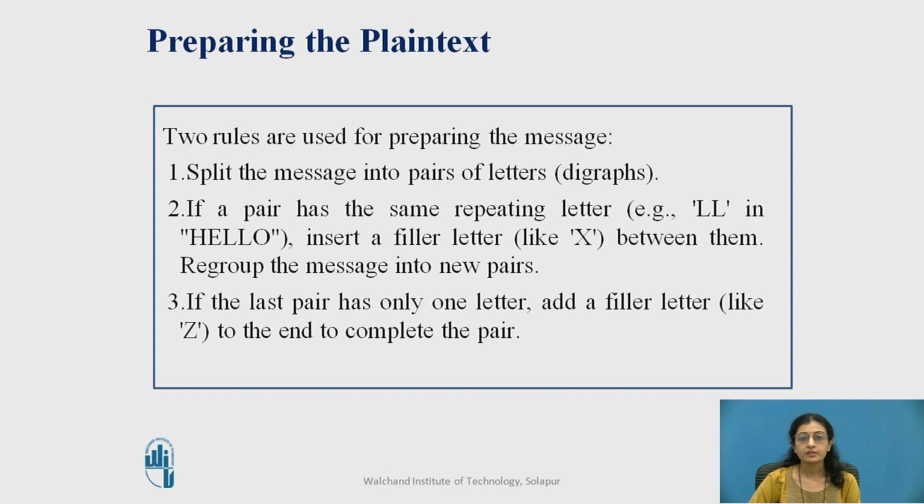So instead of writing two L's, we will insert a filler letter like X between those two letters. After placing this filler letter, we will regroup the message into new pairs. If the last pair has only one letter, then we have to add a filler letter like Z to the end to complete the pair.